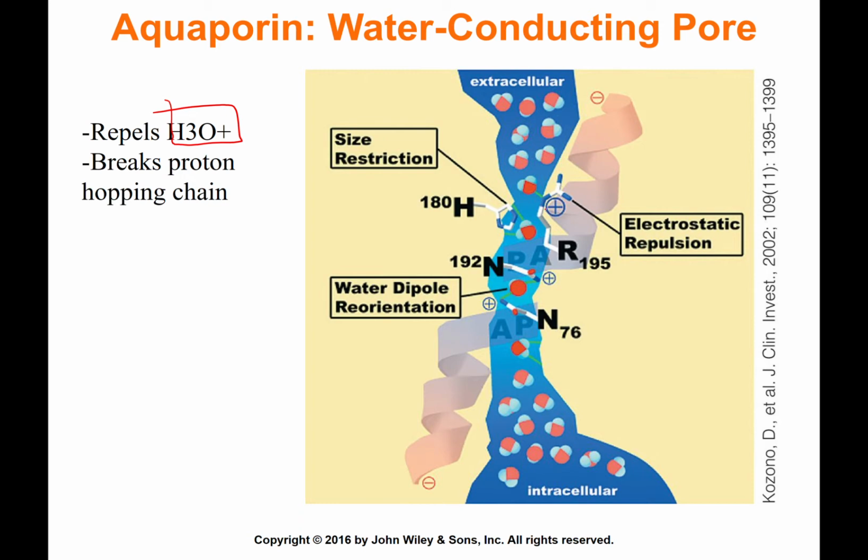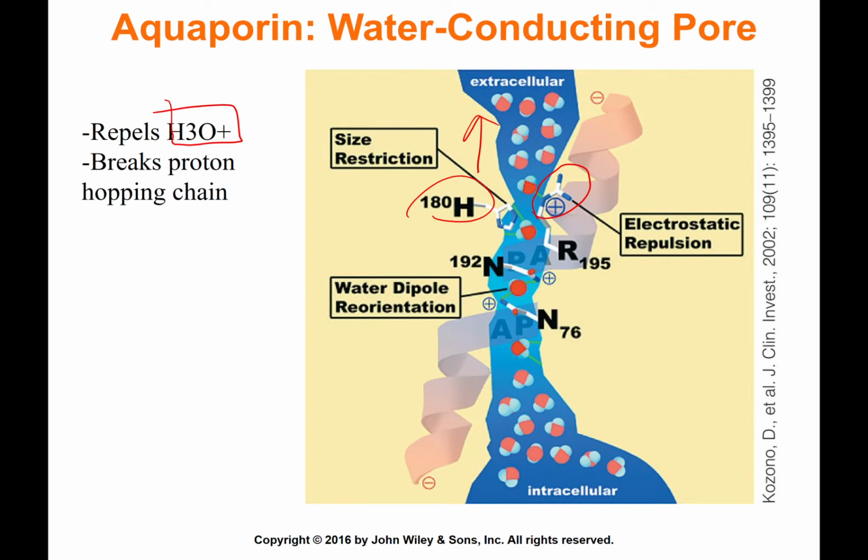To prevent that, within the pore there's this arginine residue and also a histidine next to it. These are both positively charged amino acids. So these positively charged amino acids will tend to repel away any positively charged hydronium ions. As a result, those ions won't really have a means of getting through this channel.